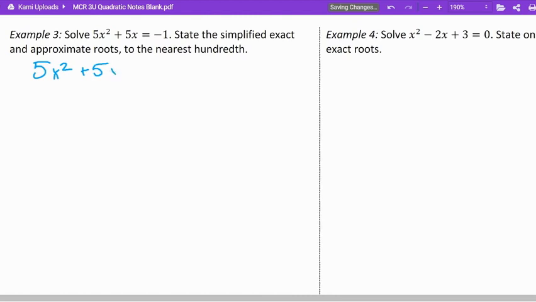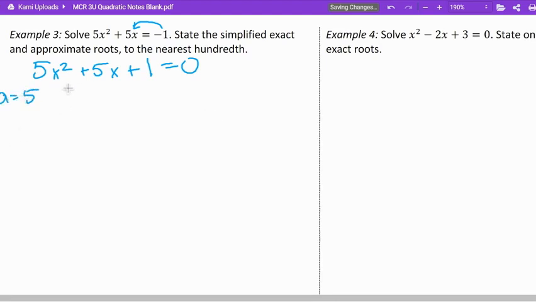Okay, watch this. Because this equation does not equal 0, we must move the negative 1 to the right side. Once we have done that, this equation is in standard form and we can use the quadratic formula. Okay.